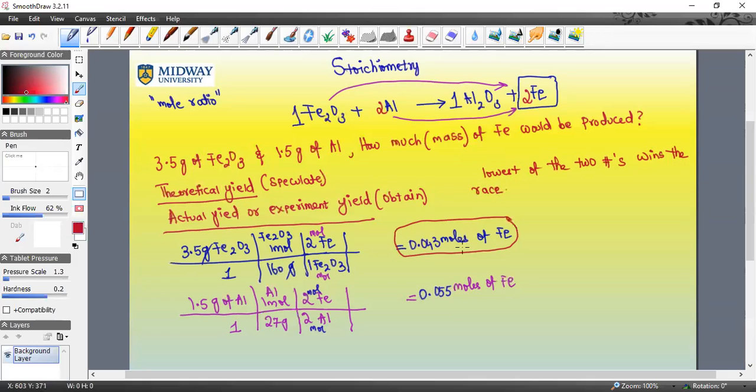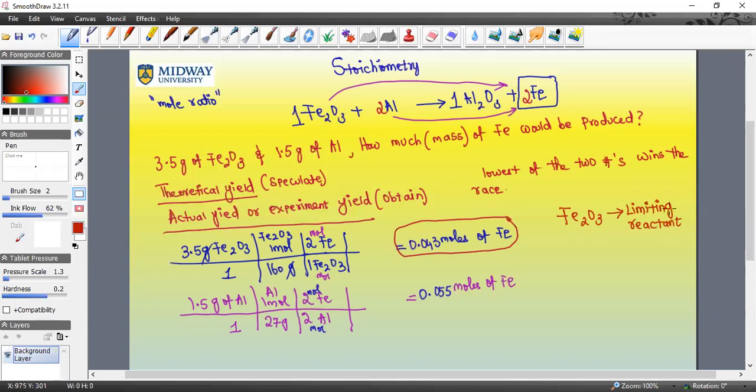So that means what is our limiting reactant? I'm going to write this in another color, maybe orange. Okay. What is the limiting reactant? Iron oxide is my limiting reactant. Out of the two reactants, both of them cannot be limiting or both of them cannot be in excess.